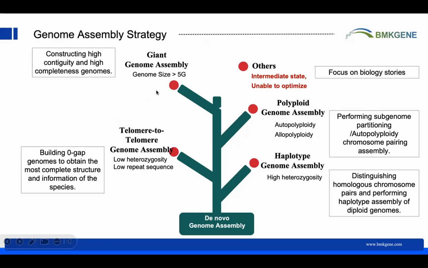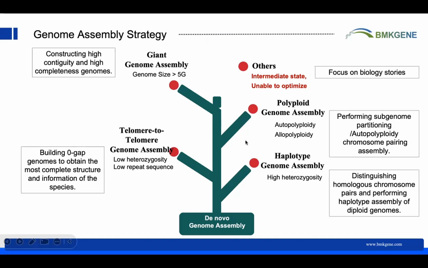Like the note I take here, low heterozygosity and low repeated sequences. These are recommendations on how likely your species genome could be assembled to this level.